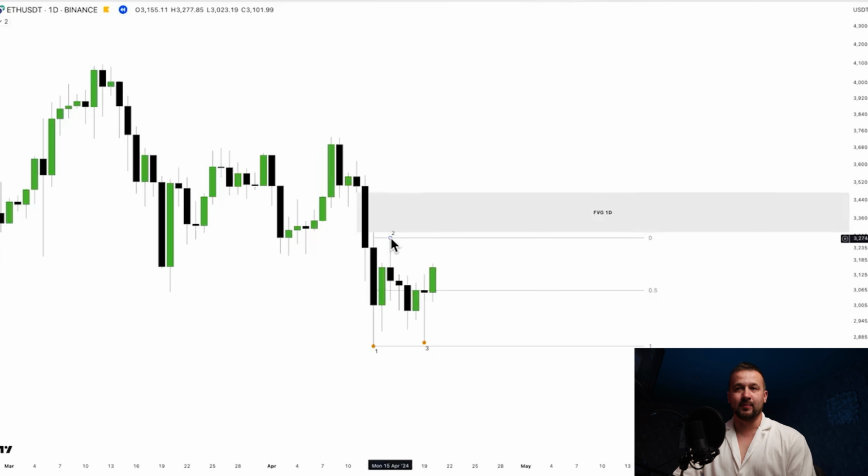The plan is simple. We are waiting for the upper boundary of the range to be updated and the imbalance to be filled. It is at this point that opening a short position will be considered.